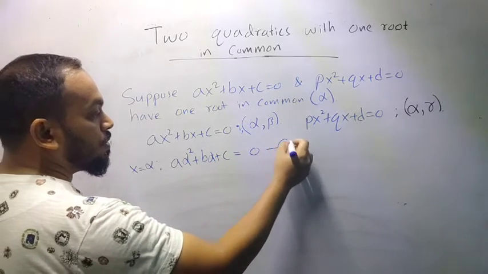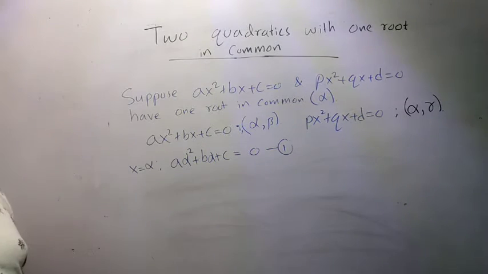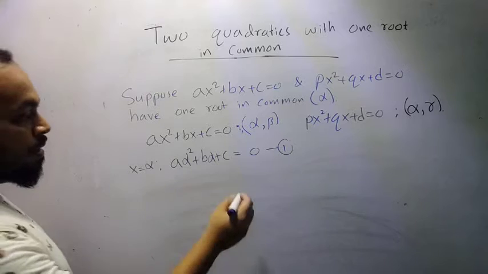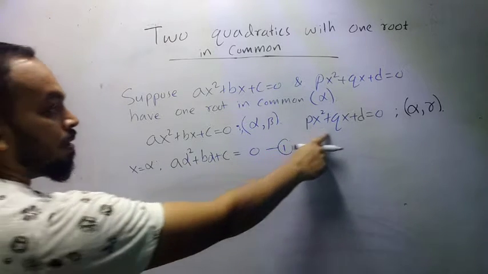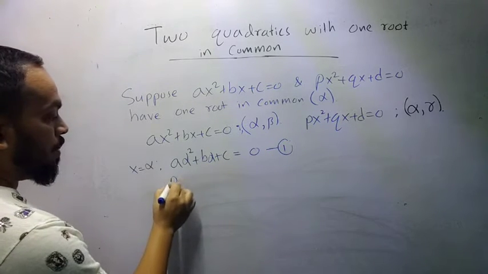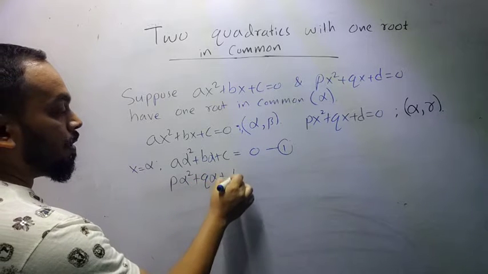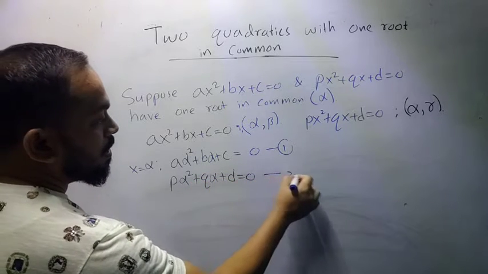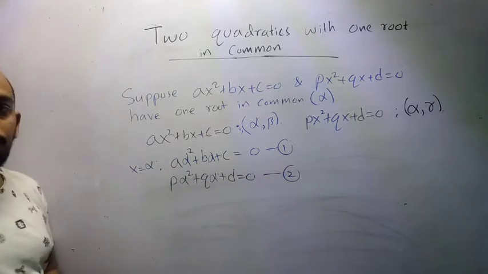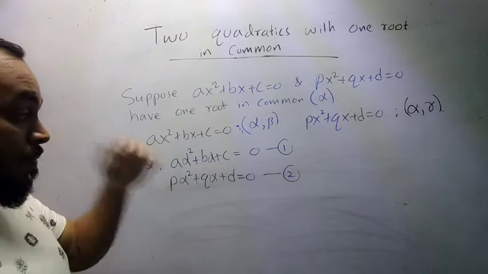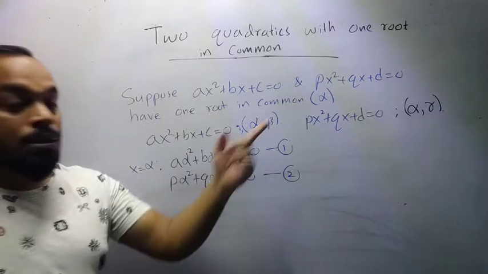This is equation 1. The other equation: I can take p alpha squared plus q alpha plus d equals 0. This is the second equation. So we can form two equations based on this data given.